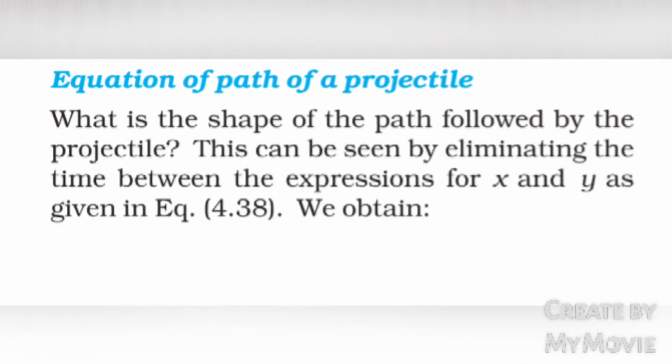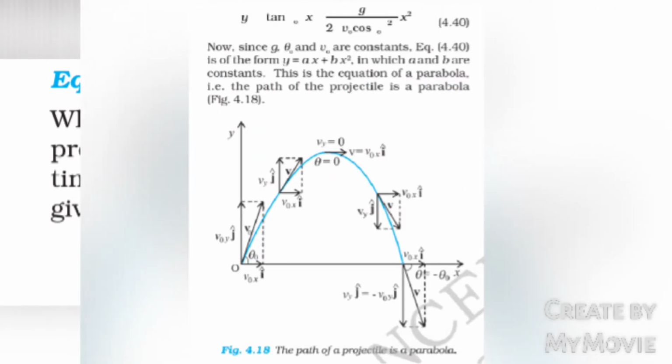Equation of path of a projectile. What is the shape of path followed by the projectile? This can be seen by eliminating the time between the expressions for x and y as given in equation 4.38. We obtain y equals tan theta naught into x minus g into x square divided by 2 into (v0 cos theta naught) whole square.